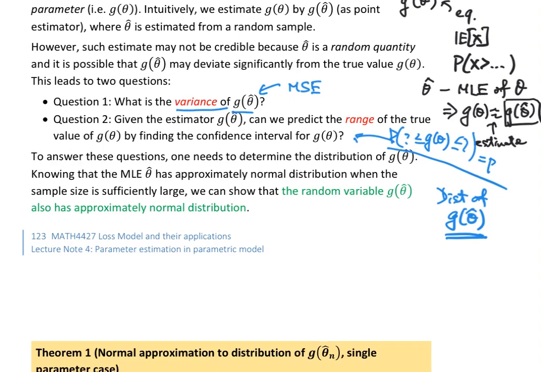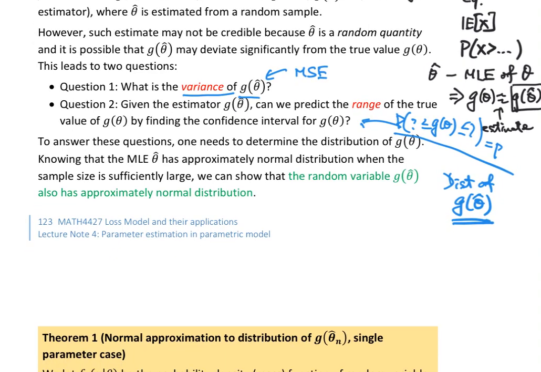To get the distribution of this g theta hat, first of all we know this estimator is driven by the MLE, isn't it? And as we know, when the sample size is sufficiently large, this MLE will follow a normal distribution, right? Given that it follows the normal distribution, you can say something about the distribution of a function of the MLE.